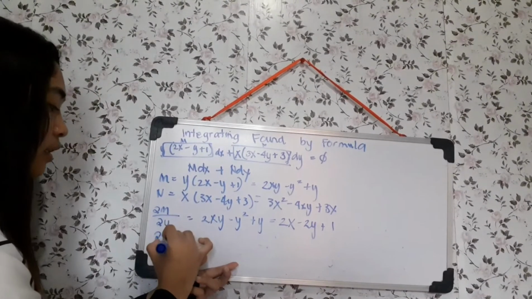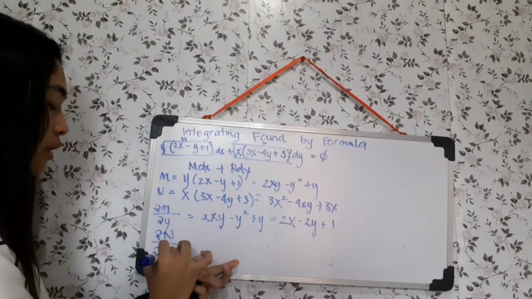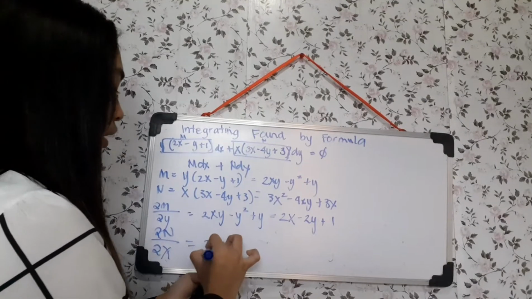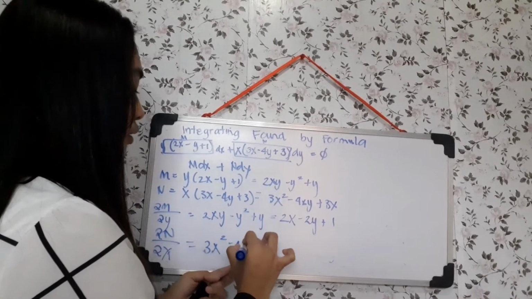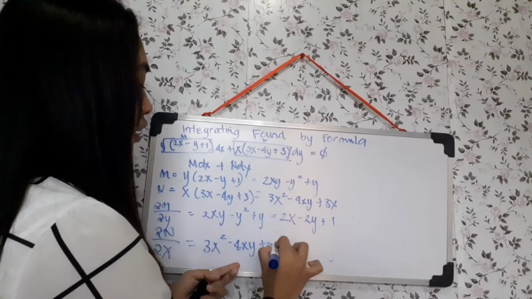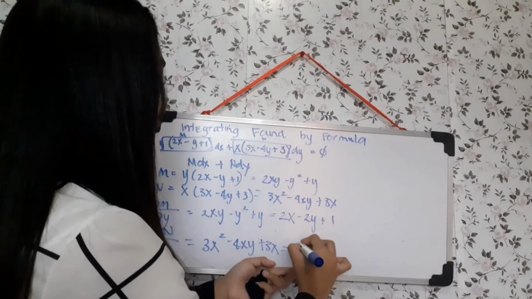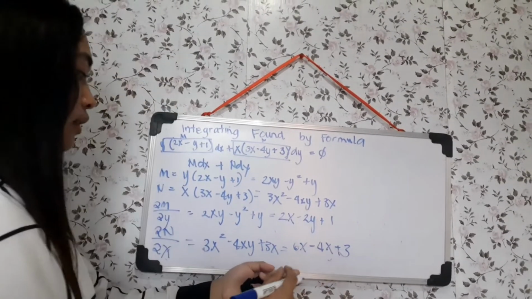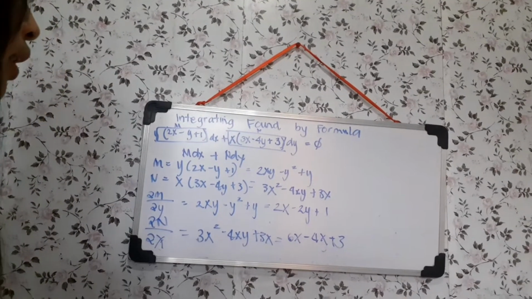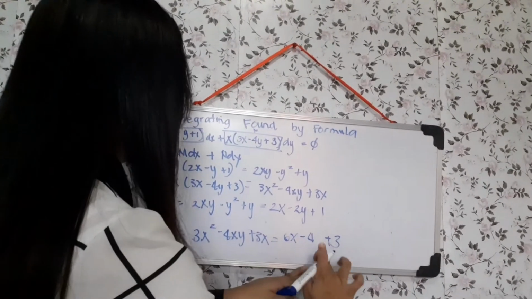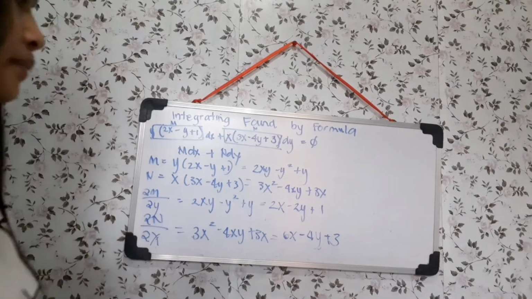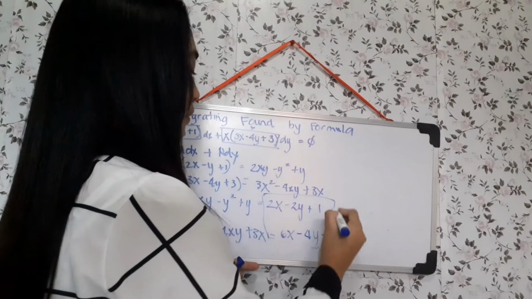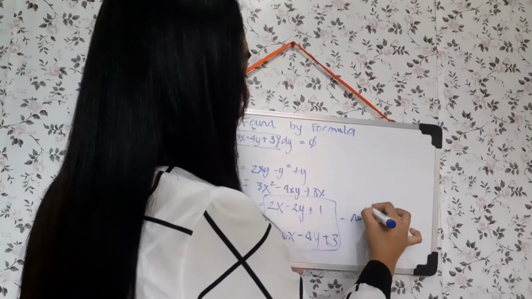And for partial derivative of N over partial derivative of x is equal to 3x squared minus 4xy plus 3x, or equals 6x minus 4y plus 3. Now, this is not the same. So meaning this is not exact.